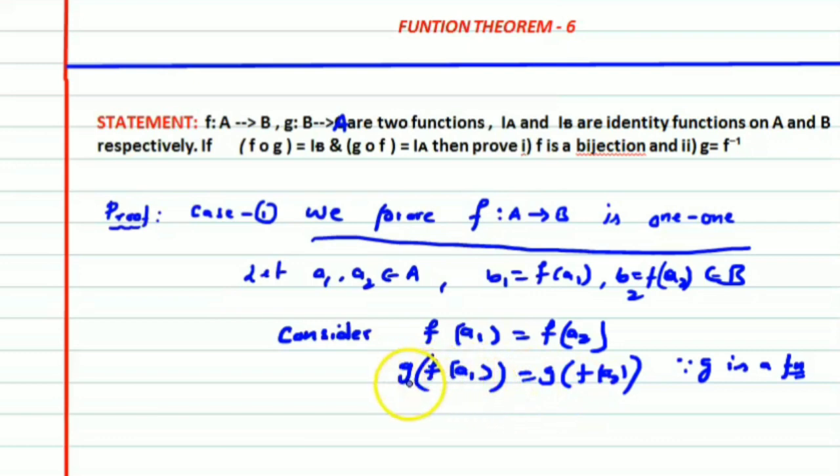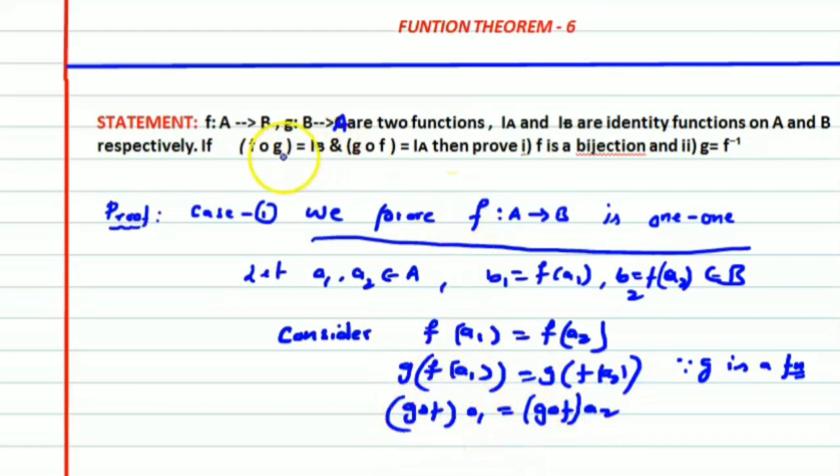Therefore, applying G on both sides, G of F of a1 is equal to G of F of a2. This can be written as G circle F of a1 is equal to G circle F of a2, according to the definition of composite function.